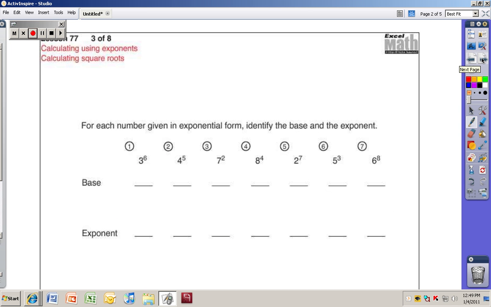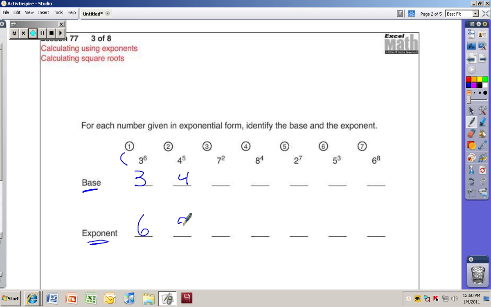Next part here, what they want you to do is to name the base and the exponent for each one of these numbers here. So the base for number 1 is 3, and the exponent is 6. All right, Emma, you want to fill in the rest of the chart for us there? Okay. There goes Emma on the exponents. So this one's 4 because that's the base, and then it's 5 because that's the exponent.